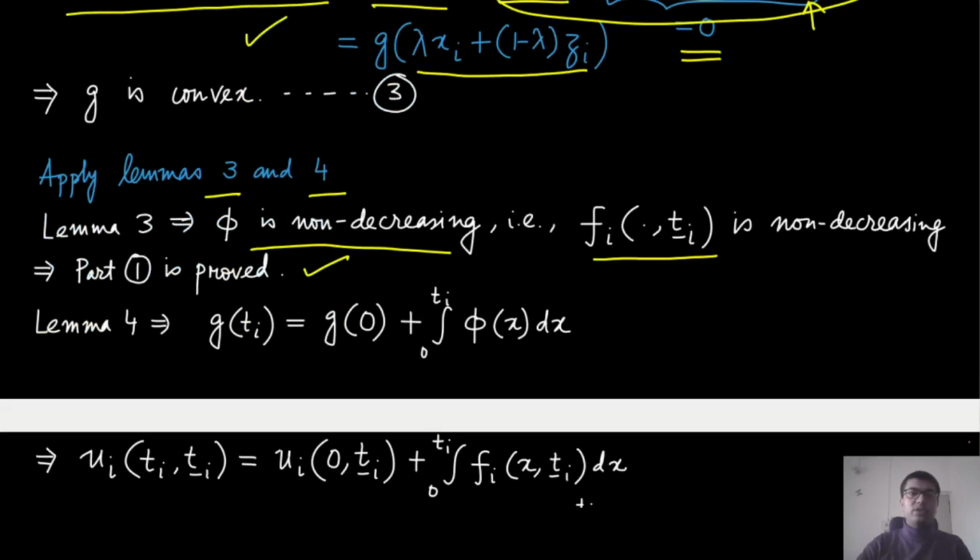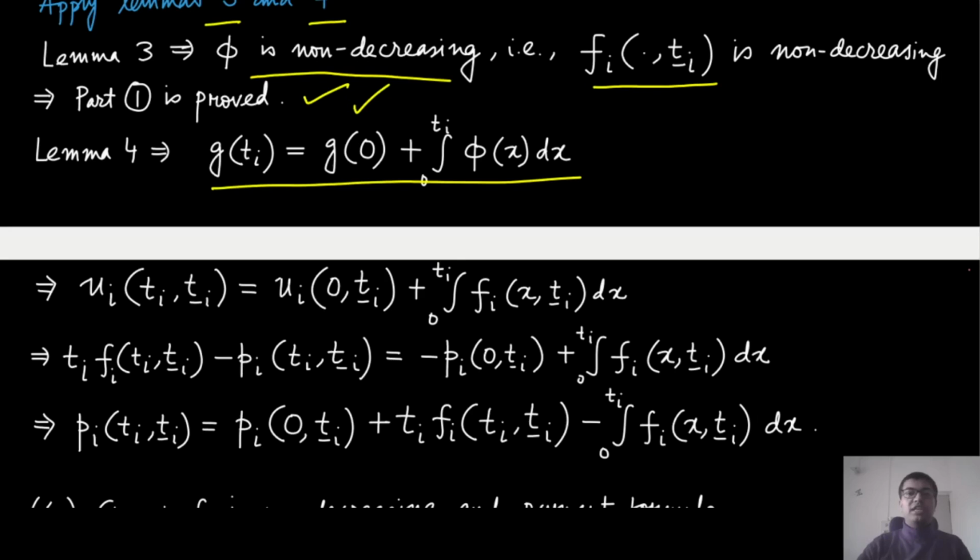For that we are going to use lemma 4, which gives you a specific integral formula. So this we are going to apply to g of 0. We are going to take the initial point to be equal to 0 and take the integral from 0 to ti. Now the rest of the thing is just manipulation of these terms. You just expand this out.